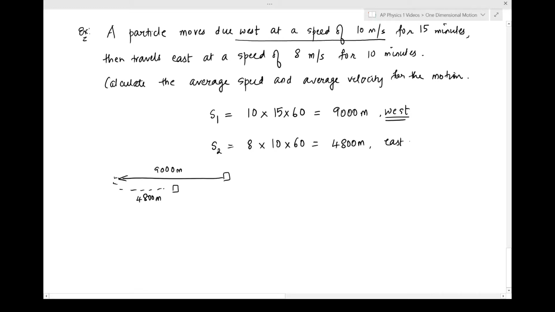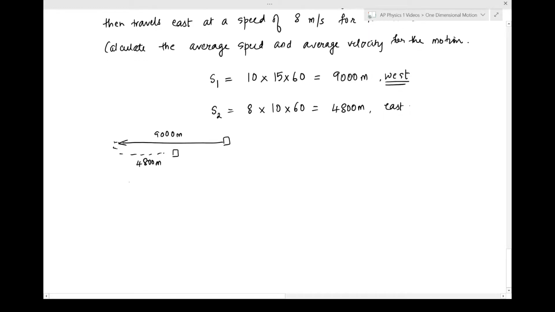Okay, so we can now calculate the average speed and average velocity quite easily. Average speed is going to be equal to distance over time. We know the total distance covered, which is the length of the path, is 9,000 plus 4,800, and we divide by the total time taken.